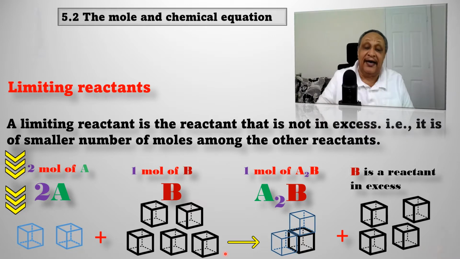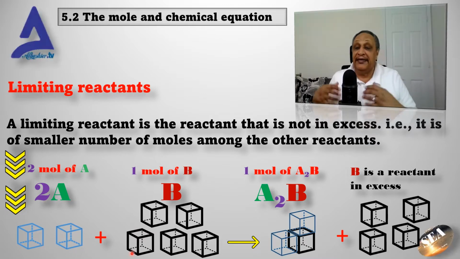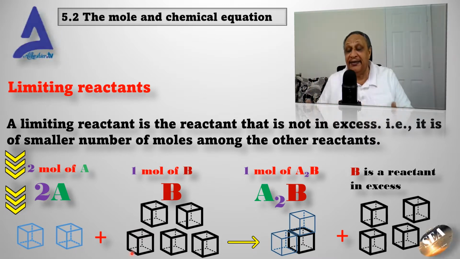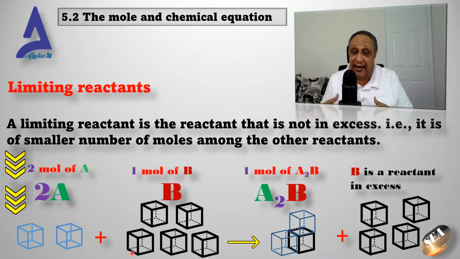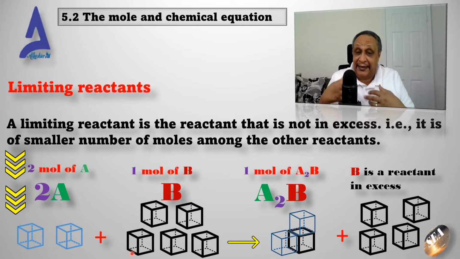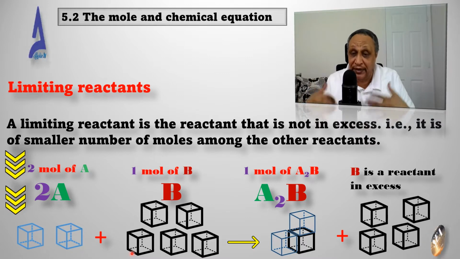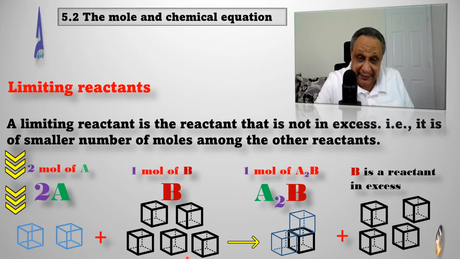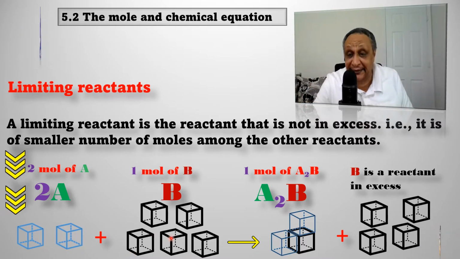On the other hand, you are going to see a compound or an element like this one, which is in excess, in abundance. It is a greater amount, more than enough, more than needed to do the reaction, and this is called the reactant in excess or the abundant compound.